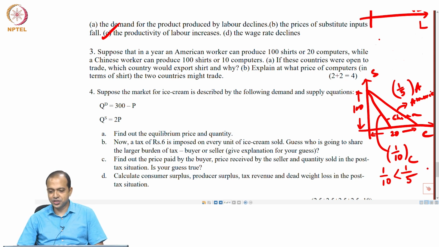Comparative advantage is defined in terms of the lower opportunity cost. And how do you calculate opportunity cost? 100 certs are sacrificed to get 20 computers. So, if I sacrifice one cert, then I will get 20 by 100, that means 1/5 computer.